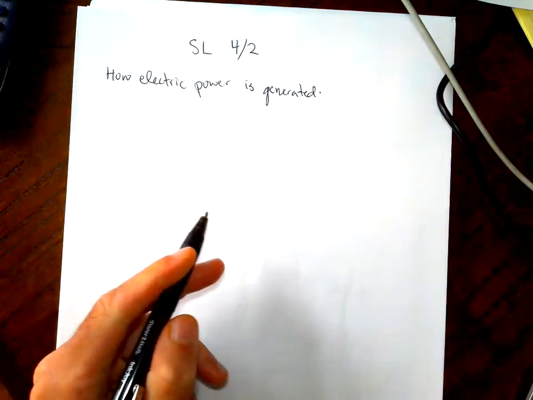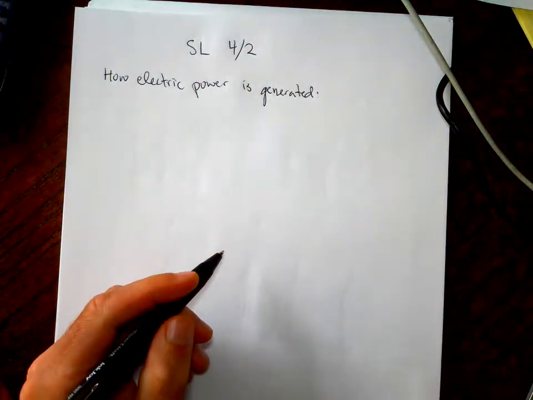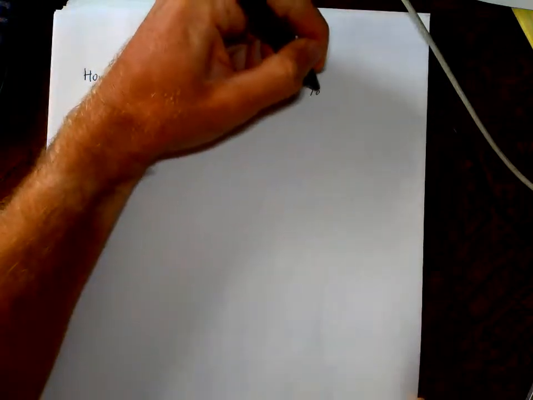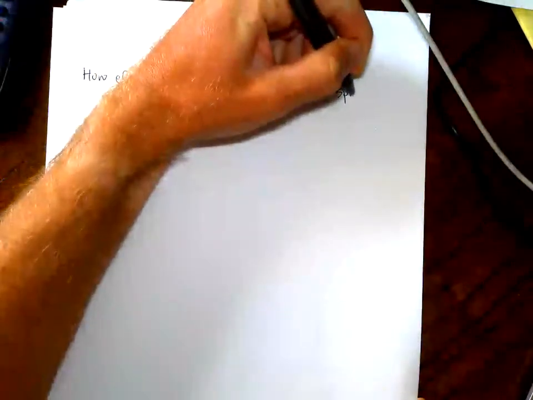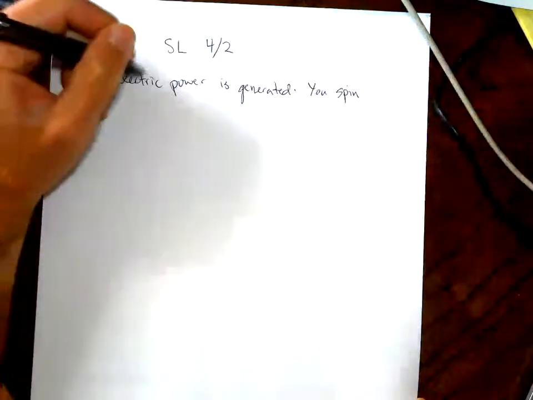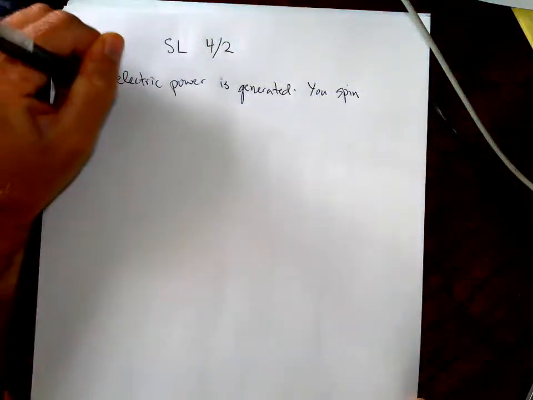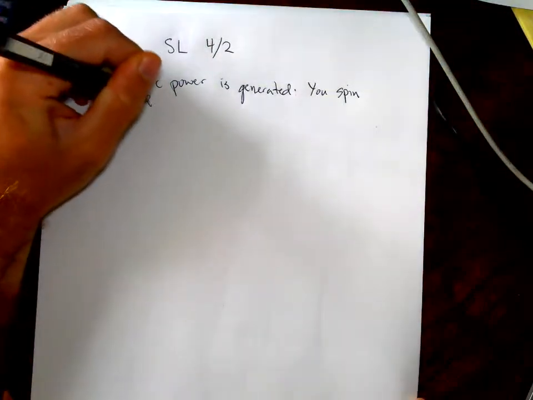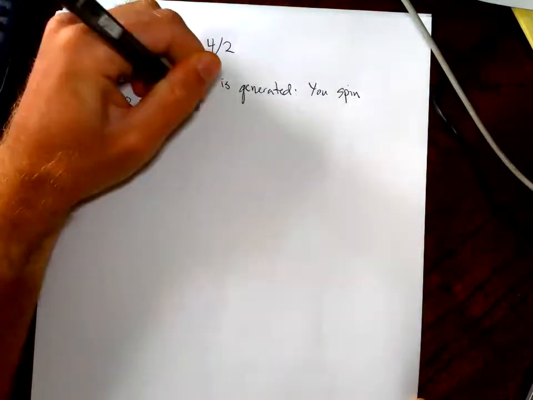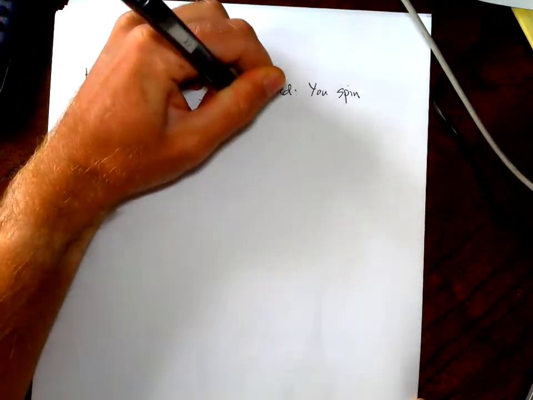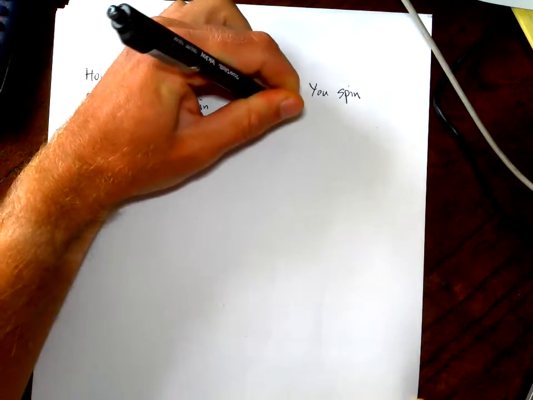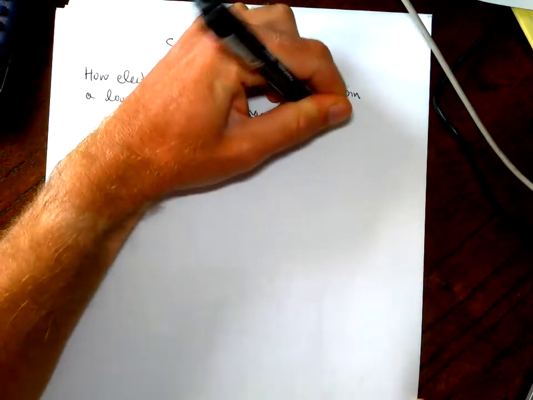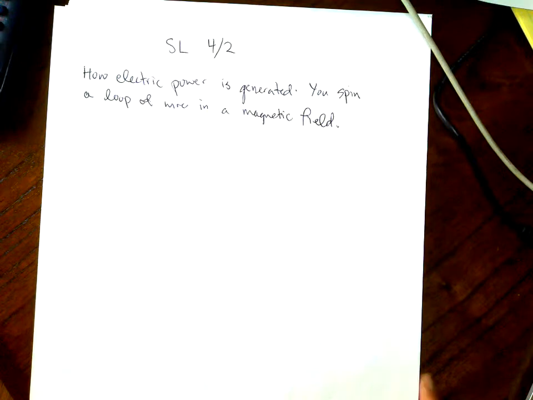So the basic idea is this. You spin a loop of wire in a magnetic field. That's how you make electric power.